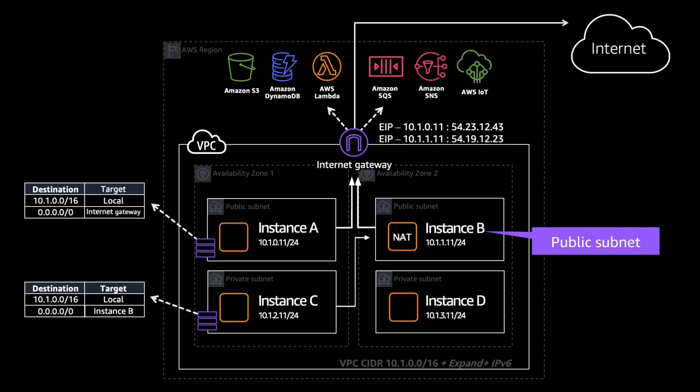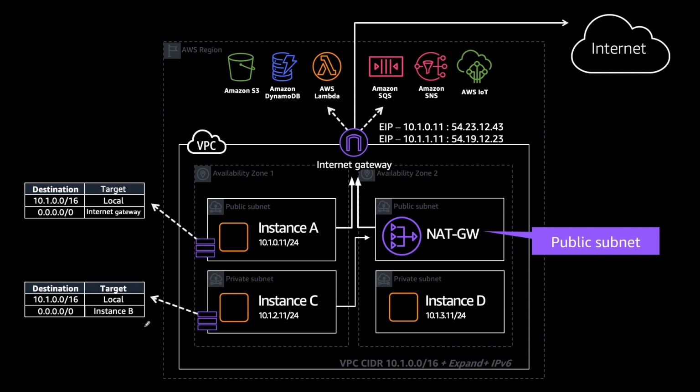Initially we had the NAT instance, and you needed to create it like this and update the route table with your NAT instance ID. But now what we recommend is to create something called a NAT gateway, which is much more scalable and much easier to create and manage. If you want to get into the details of the difference between a NAT gateway and a NAT instance, you can look into our documentation.